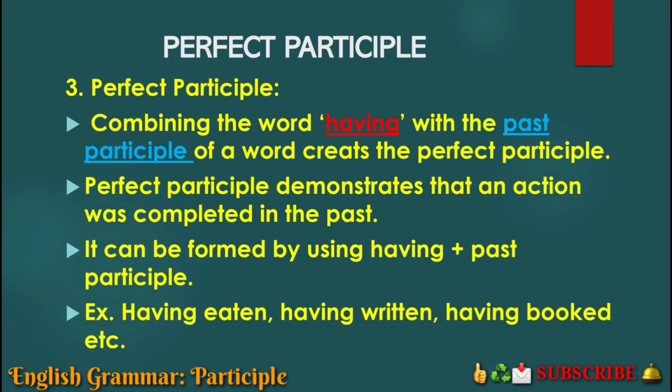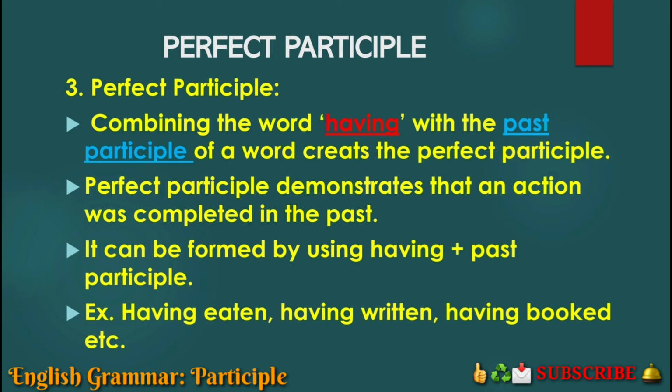You know what a past participle is; just now we have studied it. And how can we form a perfect participle? With having plus past participle. Perfect participle shows that an action was completed in the past. So this is important.